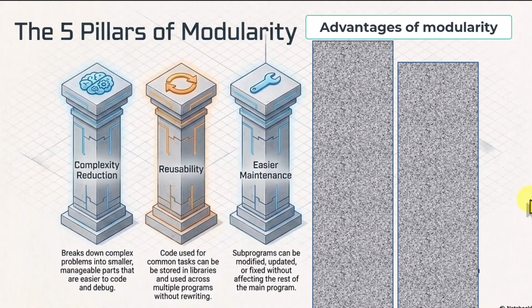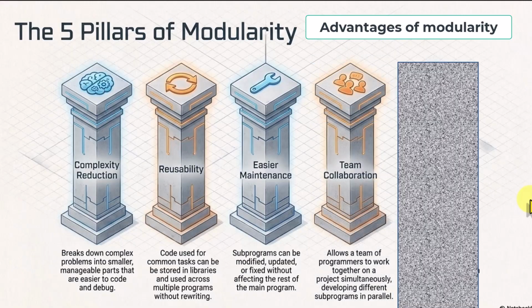Finding the error and then rectifying it would be a very big headache. But with subprograms and modularity, you're creating smaller programs and they are easier to maintain, debug and solve problems in.